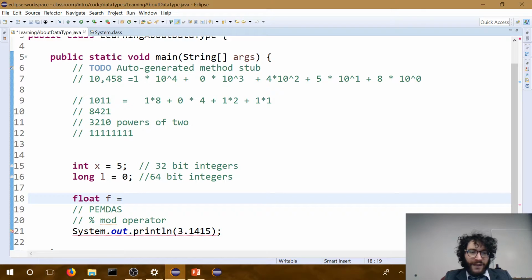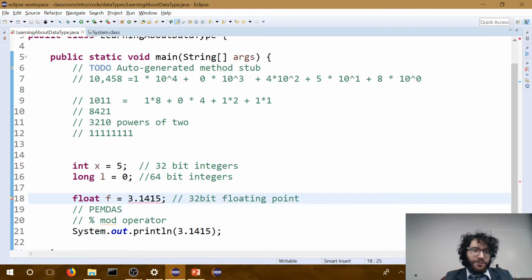So float f is equal to 3.1415, a 32-bit floating point. Now, it's giving me an error because the default type in Java isn't a float.